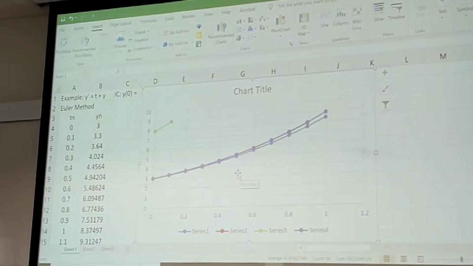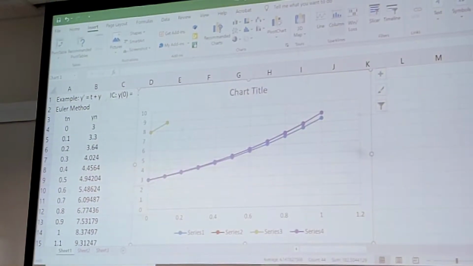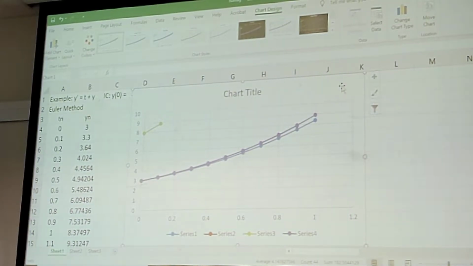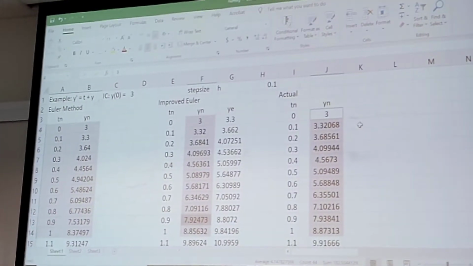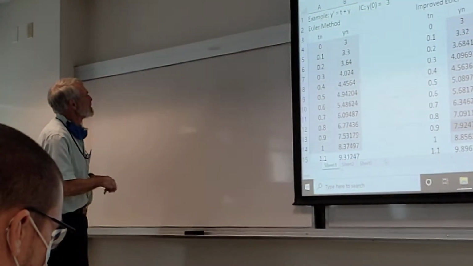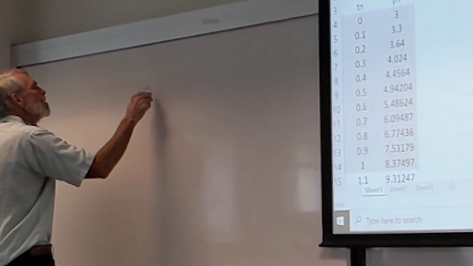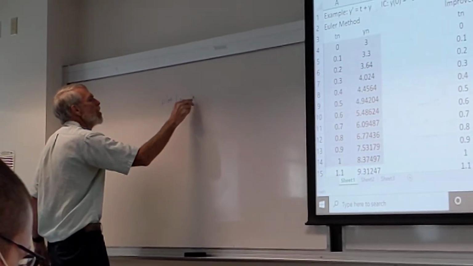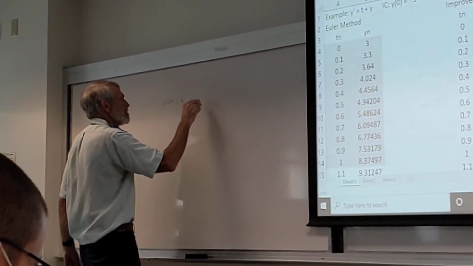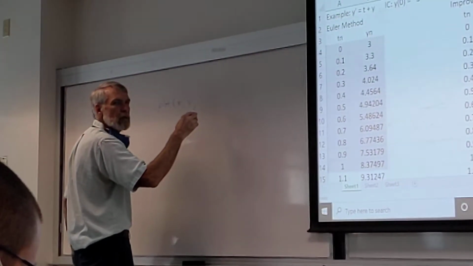For MATLAB, the command you're looking at is plot t comma y comma, in quotes, let me do a blue line with dots.